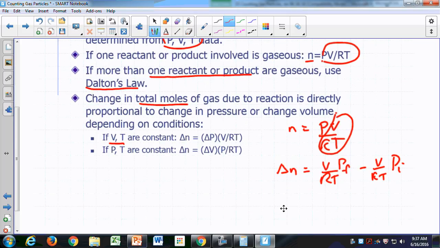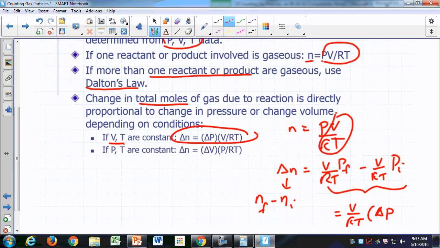So this is final moles minus initial moles. And so you can see this will just be equal to V over RT times delta P. So change in total moles will be equal to change in total pressure times V over RT.